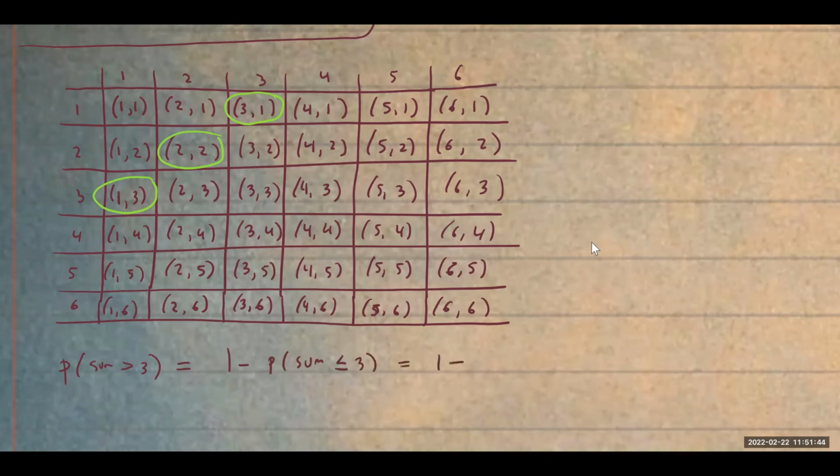That's 1 minus 3 out of 36, which gives us 33 out of 36. You can count all of them if you want to, but I think this is the more convenient way to do it.